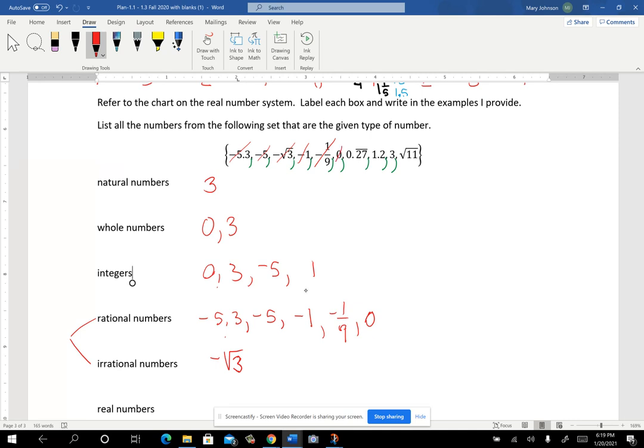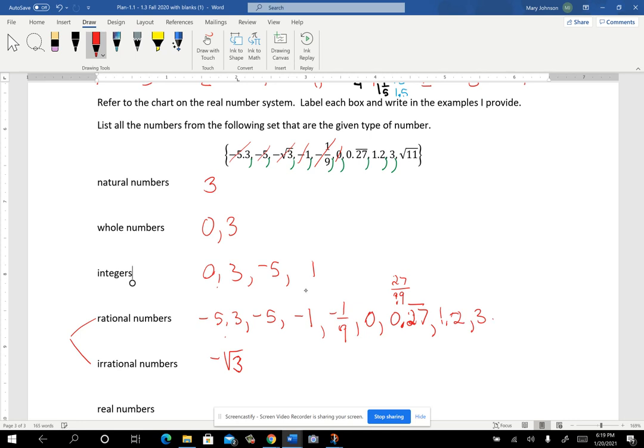Now here we have a 0.27, and the bar over the top is telling you that decimal repeats, which puts it up here. So that 27 getting repeated like that makes it rational. Actually, it would be equivalent to 27/99. Right, 1.2 is a decimal that terminates. 3 is a counting number, so it's also whole and it's also an integer. It's also a rational number.